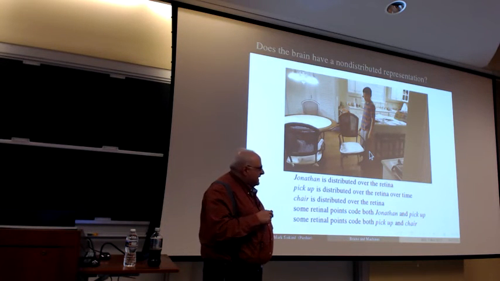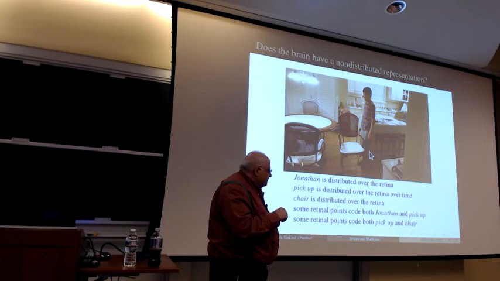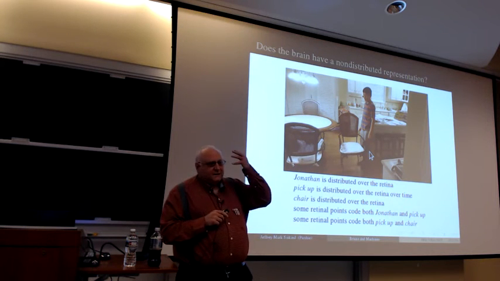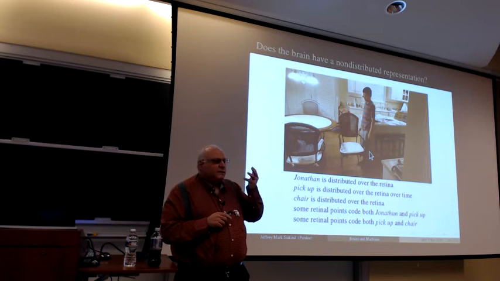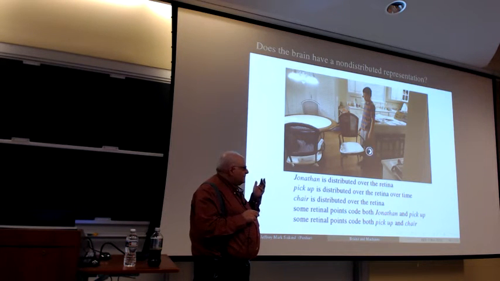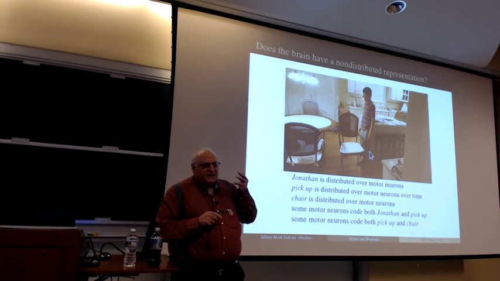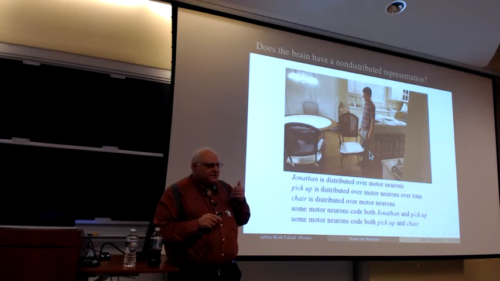So the neural representation of the meanings of these words, at least at the retina, is a many-to-many, very diffuse encoding. Likewise, the neural representation of the output in the motor neuron firings is also a very diffuse, many-to-many representation.